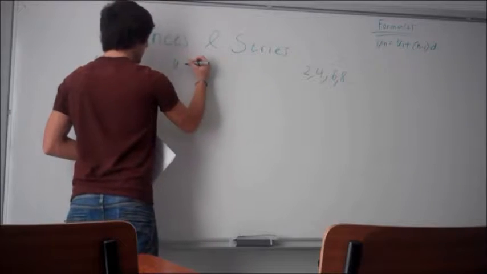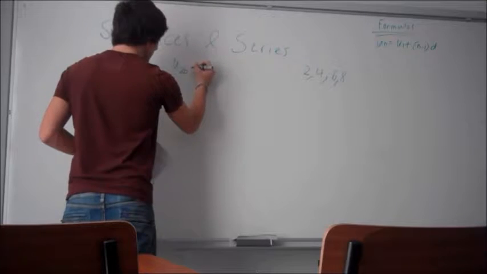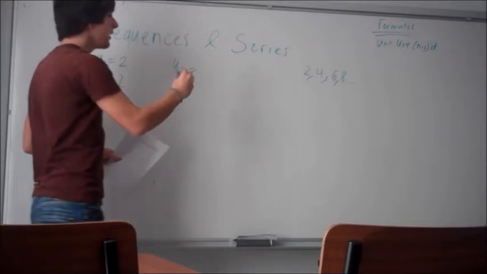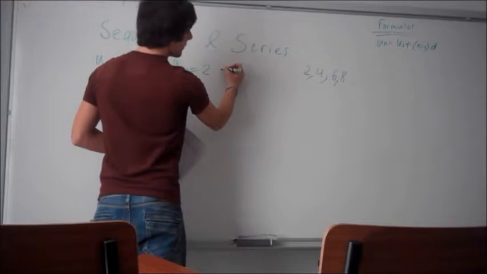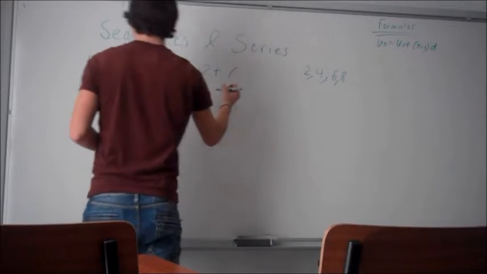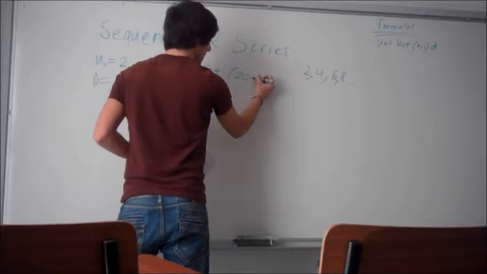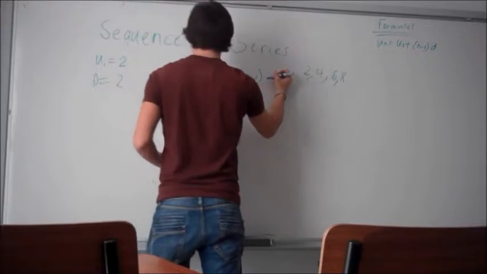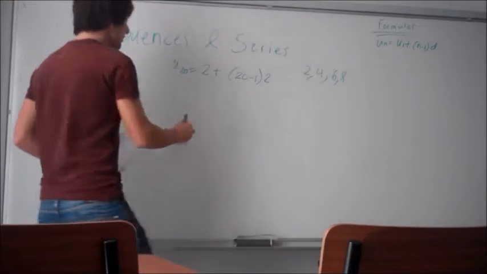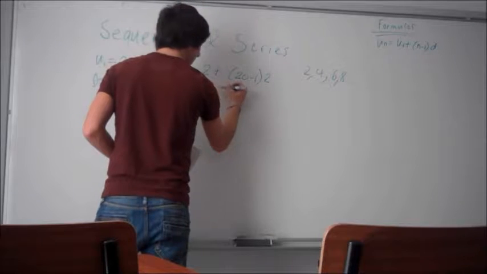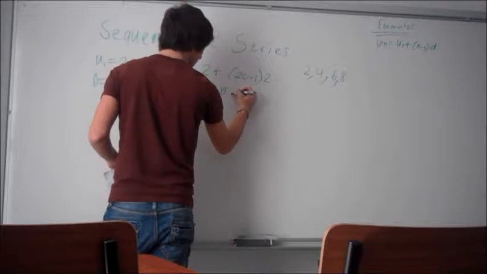We do u sub 20, which is what you're trying to find. Then you do u sub 1, which is 2, plus 20, which is n, minus 1, times d, and d is 2. So basically it's 2 plus 19 times 2.